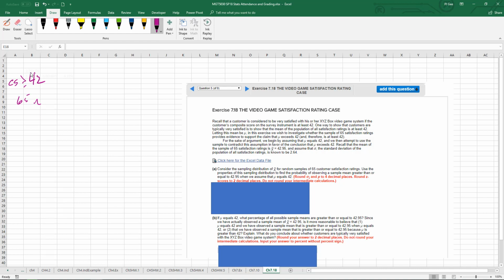They also tell us that we take a sample and find that our sample mean is 42.95. So you should start thinking immediately, this is an acceptable mean, and this is actually what we observe. But we don't know this.